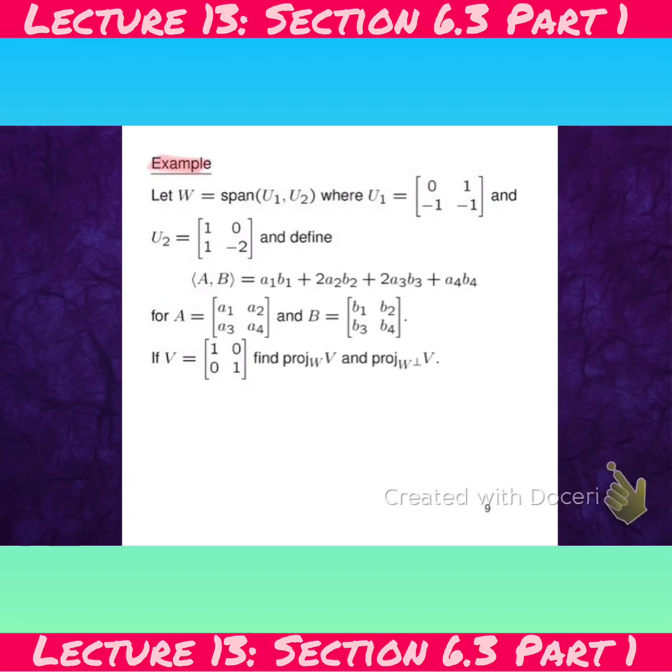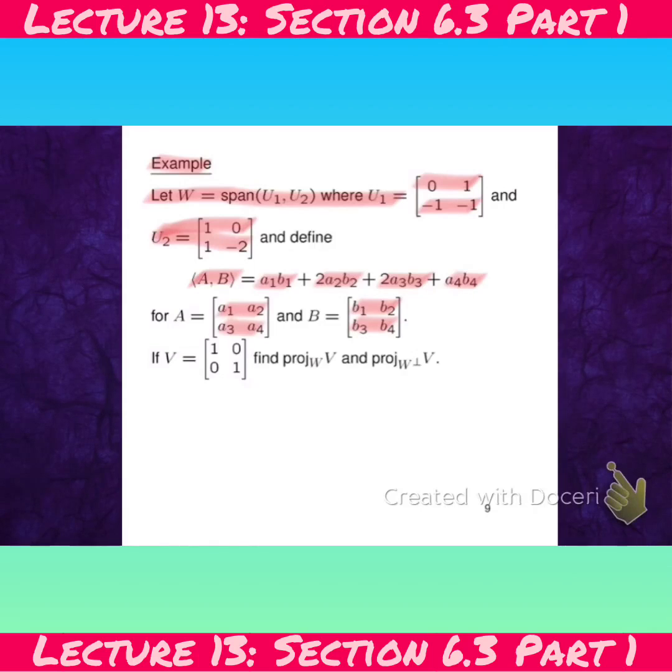Okay, so let's look at this example. Here they give us the subspace spanned by those two vectors u1 and u2. u1 is a 2 by 2 matrix. We're working in M22, the vector space of 2 by 2 matrices. And how we define the inner product in this case is A1 times B1 plus 2 times A2 B2 plus 2 times A3 B3 plus A4 B4, where A is this matrix and B is this matrix here.